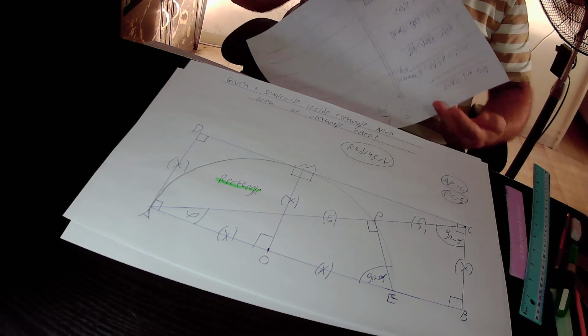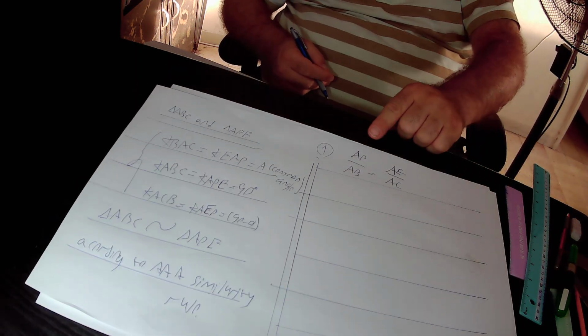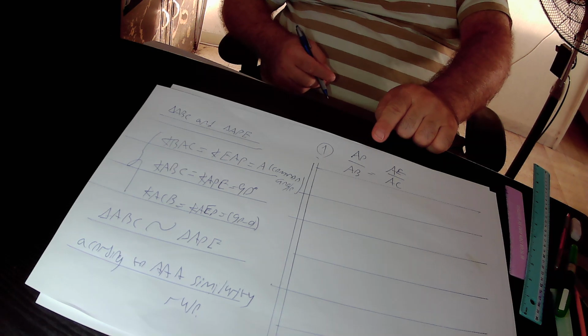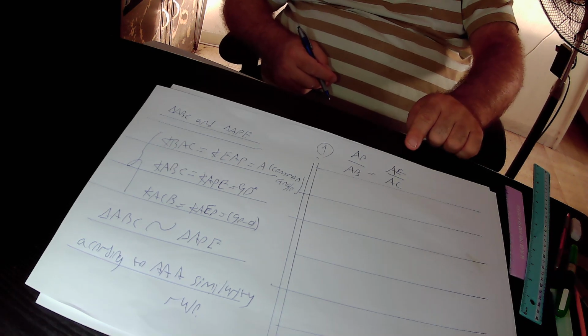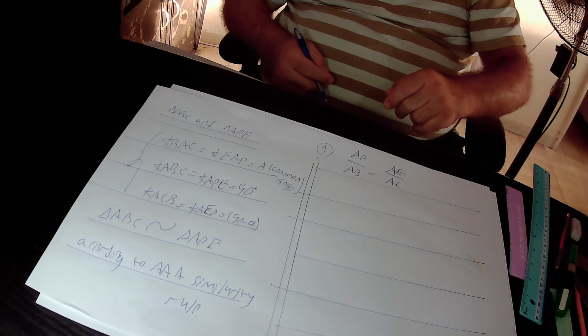Repeat again, we will derive that side AP of the right triangle APE over side AB of the right big triangle ABC equals side AE of the right triangle APE over side AC of the right big triangle ABC.